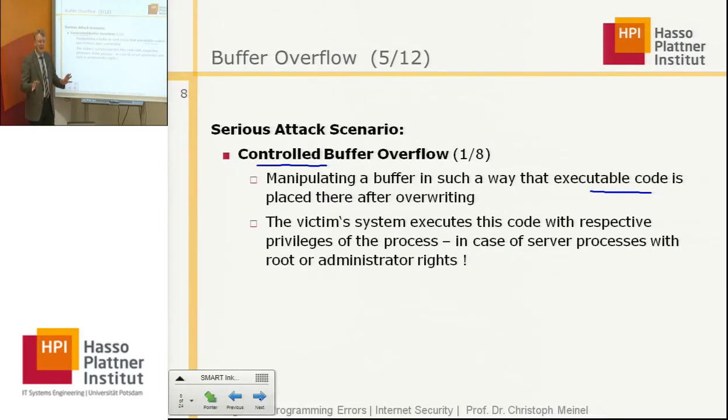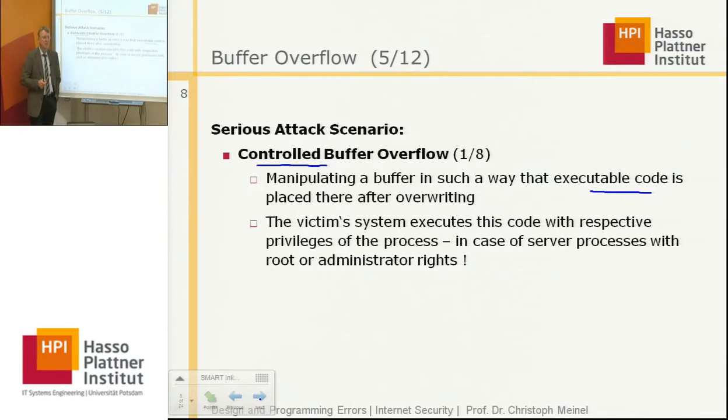Not senseless data, which causes only denial of service, like in the simple buffer overflow attack. Here, in the controlled buffer overflow attack, some executable code is placed in the overwritten part. So the victim system executes this code with the respective privileges of the running process. In case of a server process, this is with root rights or administrator rights.